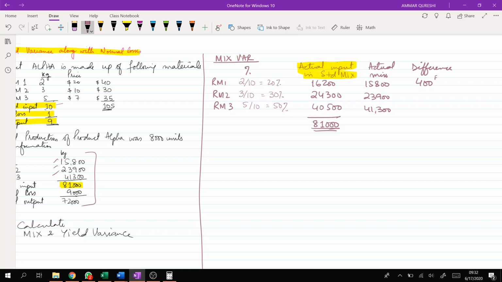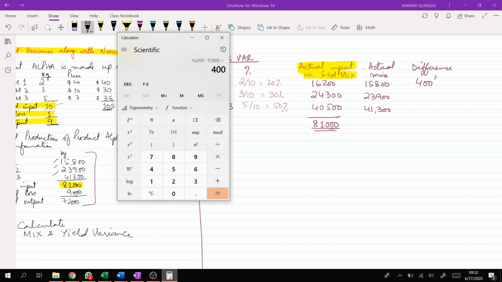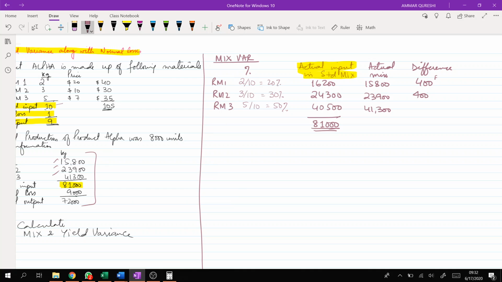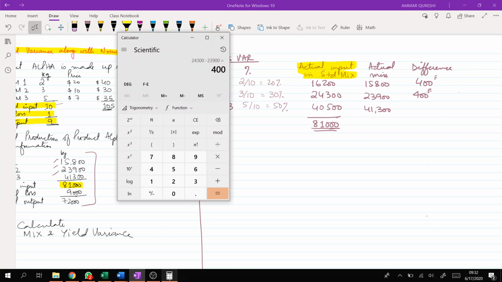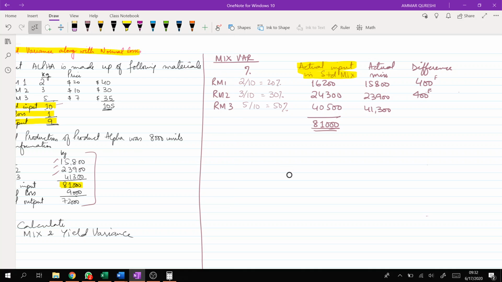This is not the variance, this is just the difference, right? Then 24,300 minus 23,900 equals 400, right? Again, this is favorable because actual input is lower. And the last one is 40,500 minus 41,300, that is minus 800.